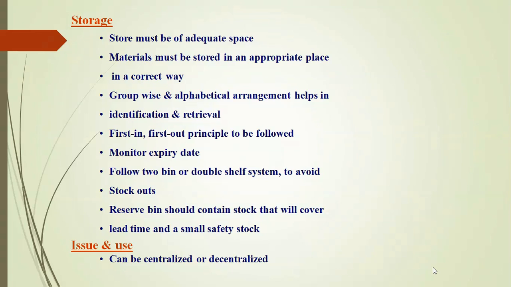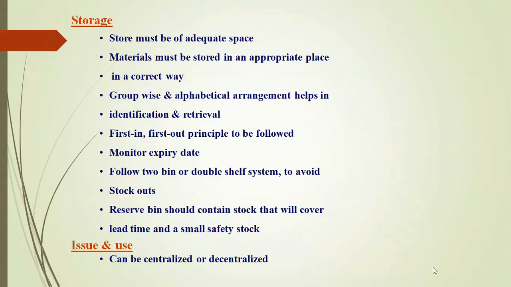In case of storage, there must be adequate space. Material must be stored in an appropriate place in a correct way. Group-wise and alphabetical arrangement helps in identification and retrieval. The first in, first out principle should be followed. Monitor expiry dates. Follow the 2-bin or double shelf system to avoid stock out.